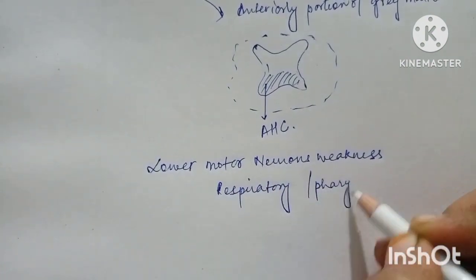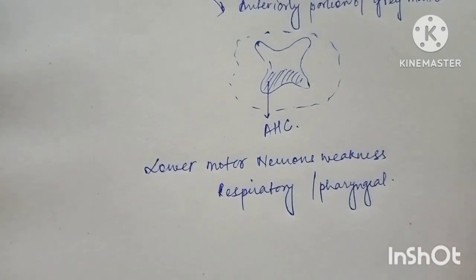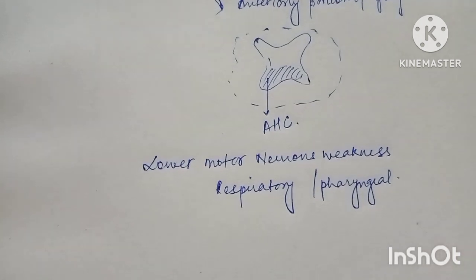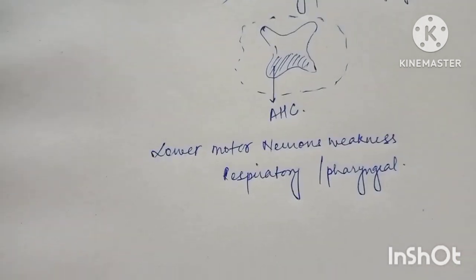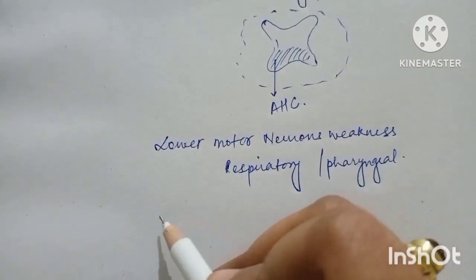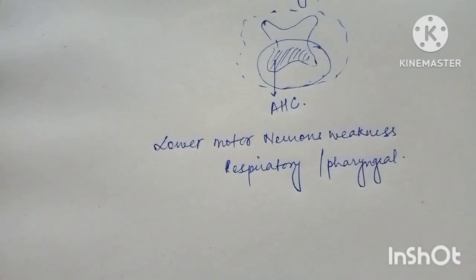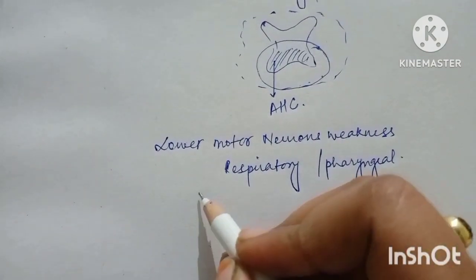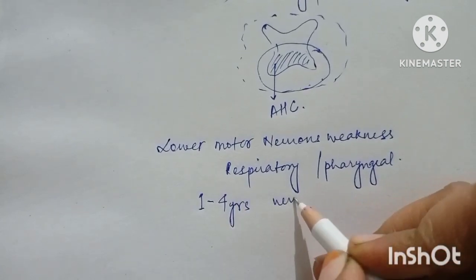So it mainly affects the respiratory system also, or you may face difficulty in respiration with this type of disease. So it primarily attacks and destroys the AHC. And it is very common in children between 1 to 4 years of age.